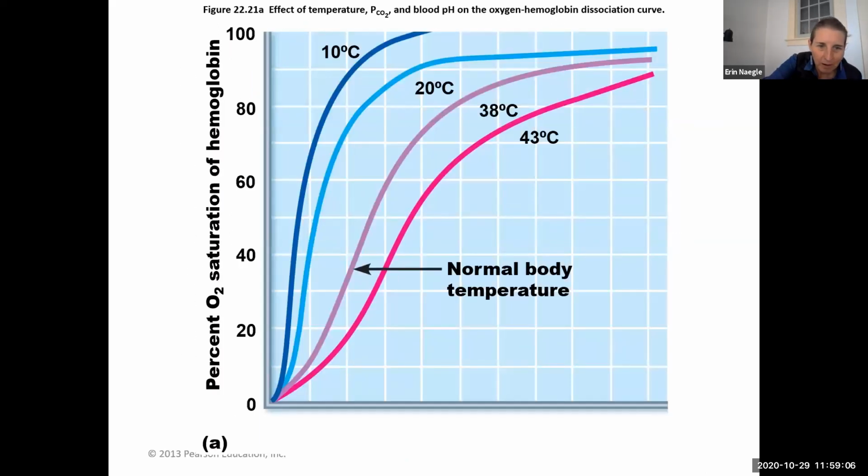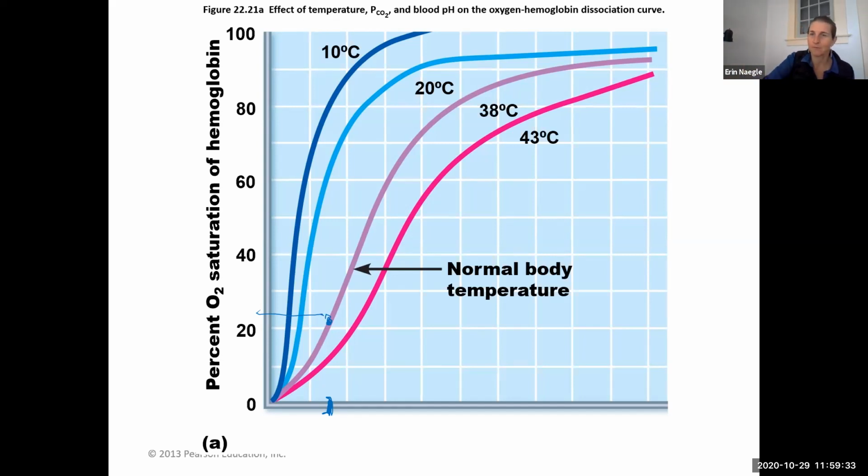So here's my exercising tissue. Now, when I'm exercising, if I'm at normal body temperature, right, then I'm going to get about 75% of the oxygen unloading from the blood into my tissues, right? Because it's going from 100% down to 25%.